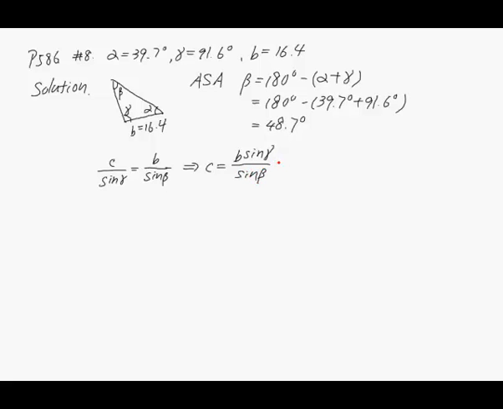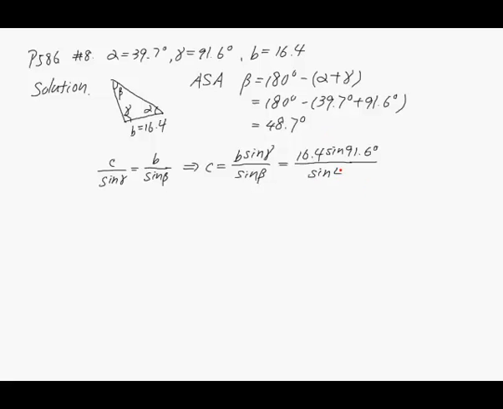Now you plug in all those knowns into this expression. You have 16.4 times sine gamma. Okay, gamma is 91.6 degrees, and divided by sine beta.